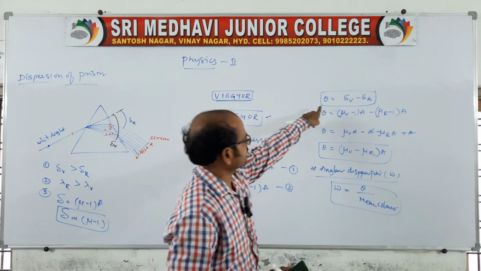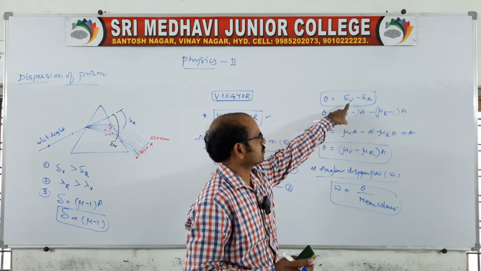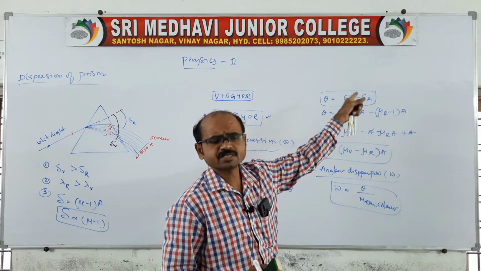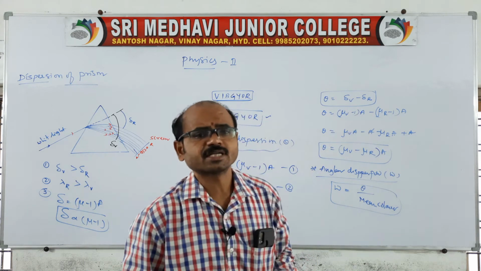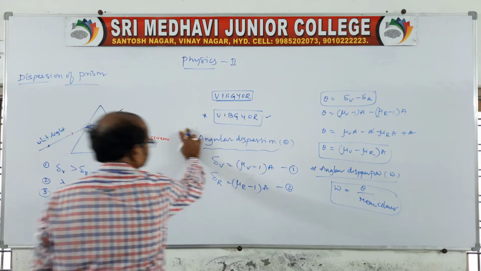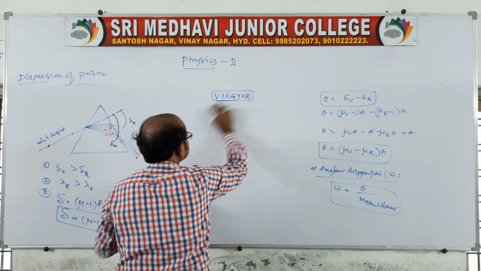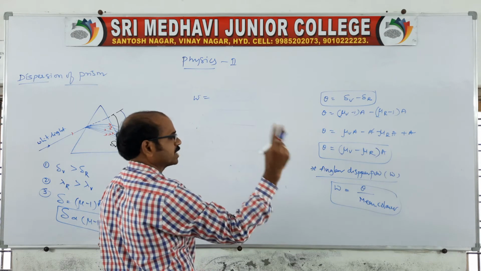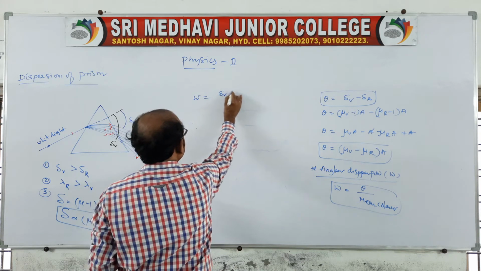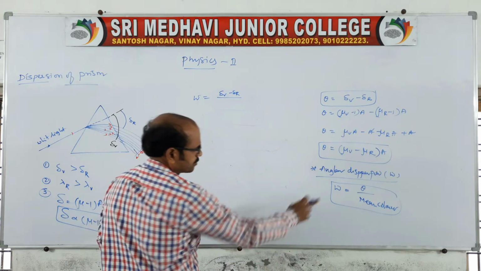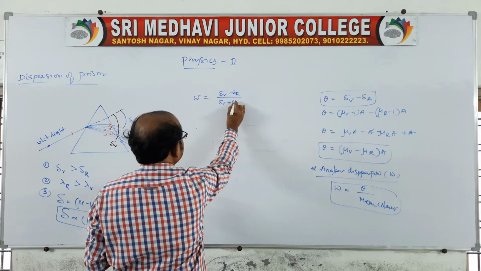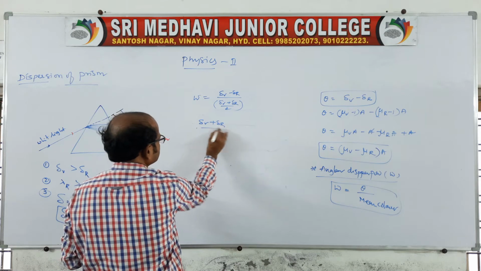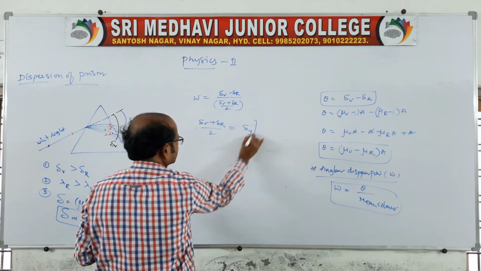The angular dispersion of the two extreme colors, violet and red, is delta theta equal to delta V minus delta R. Their mean color, mean in the sense of adding and dividing by 2, for violet and red is the yellow color. So for angular dispersive power, omega is equal to delta V minus delta R by the mean, delta V plus delta R by 2, which is nothing but delta Y, the yellow color.